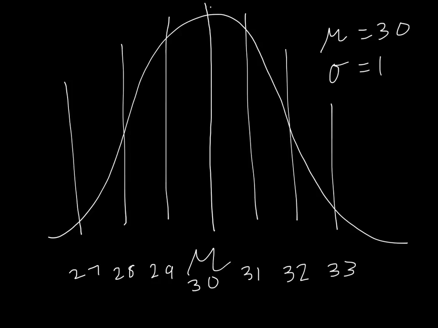Now remember that within 1 standard deviation of the mean is approximately 68% of your population. Within 2 standard deviations is approximately 95%. And then within your 3 standard deviations is approximately 99.7% of the data.